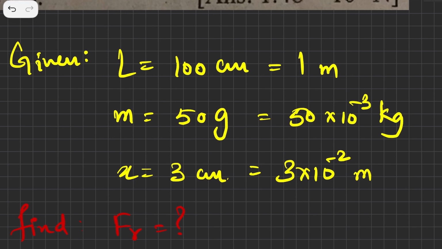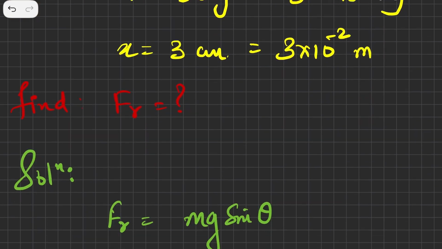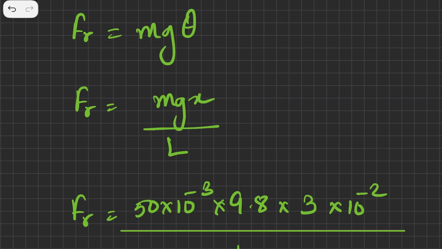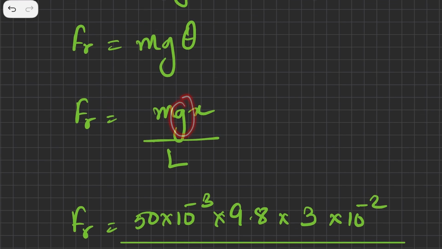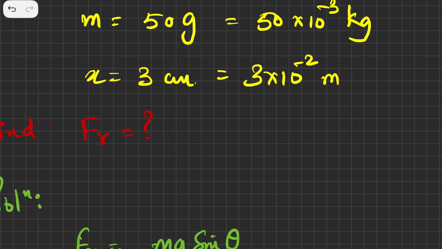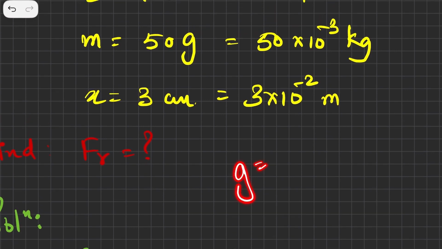Now somebody might argue that if everything is in CGS system, why we need to convert that into SI system? Not a problem, but the weaker students should know that the value of g, when we substitute it in the formula, I'll come to how to get that formula, is mostly known as 9.8 meter per second square.